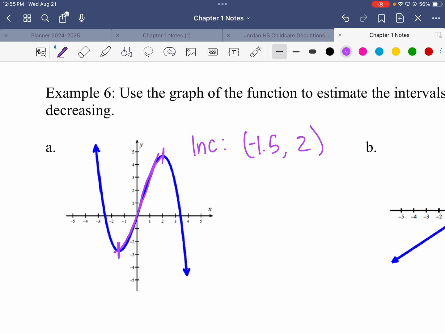That seems right. Yeah? We okay with that one? Okay. Where is it decreasing? The rest of the graph. So -infinity up until -1.5-ish. And also from 2 to infinity.